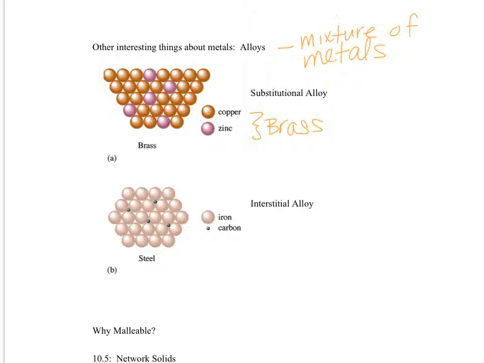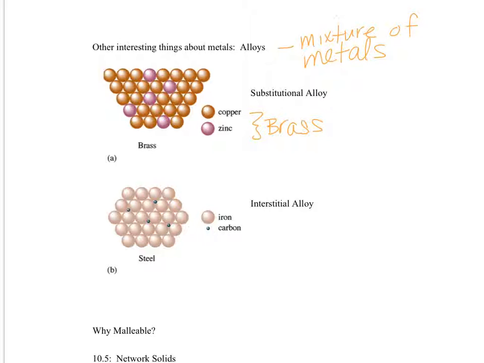Now, the other kind we have is what's called an interstitial alloy. An example of this is iron and carbon, which makes steel. What happens is the spaces between the tightly packed structure are filled with smaller atoms.